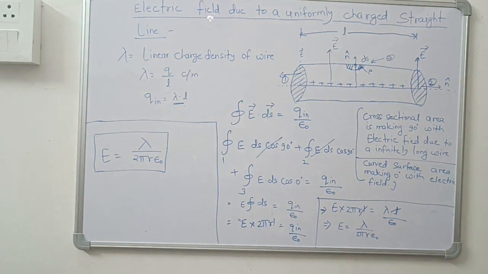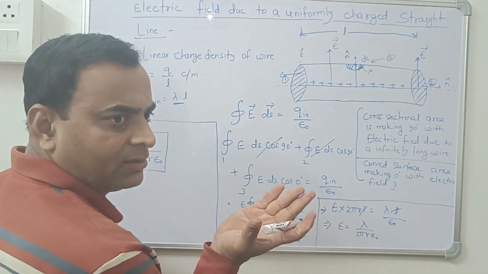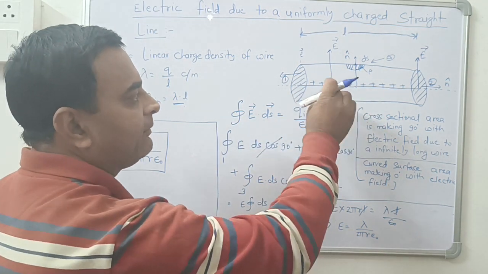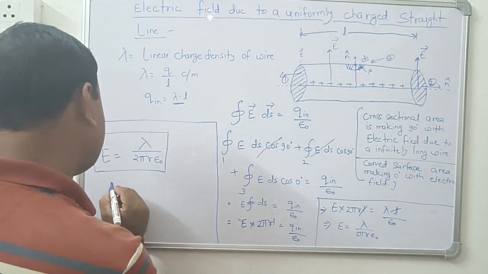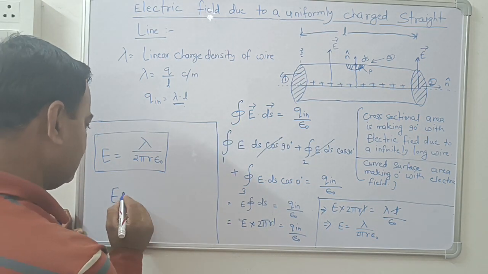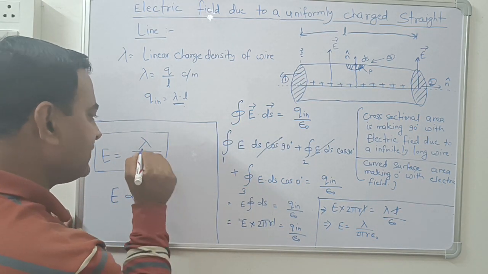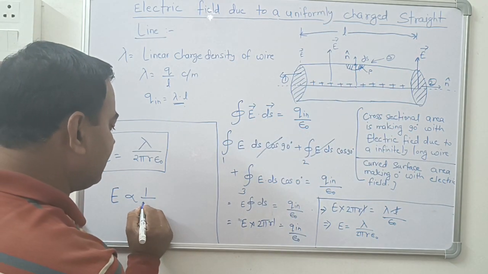You already know that lambda is fixed, because per unit length of this wire the lambda is fixed, so it is a constant. So how does the electric field vary for this infinitely long wire? What is the relation between E and r?